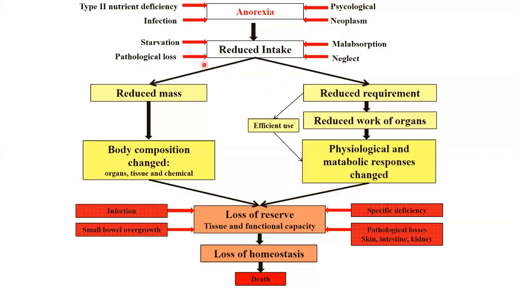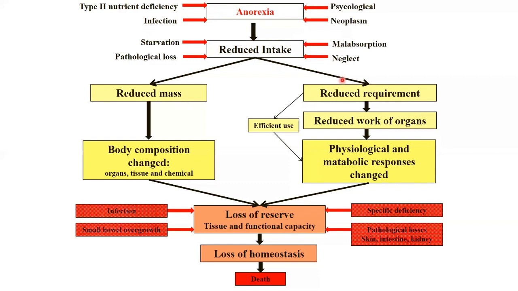And this schema is showing you the same thing that I've explained in terms of differences when you're deficient in type 1 or type 2, in terms of infection or signs such as anorexia.